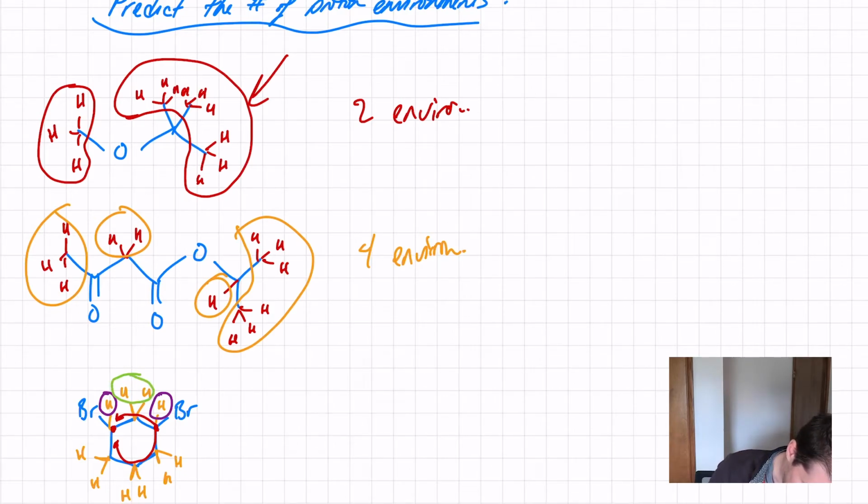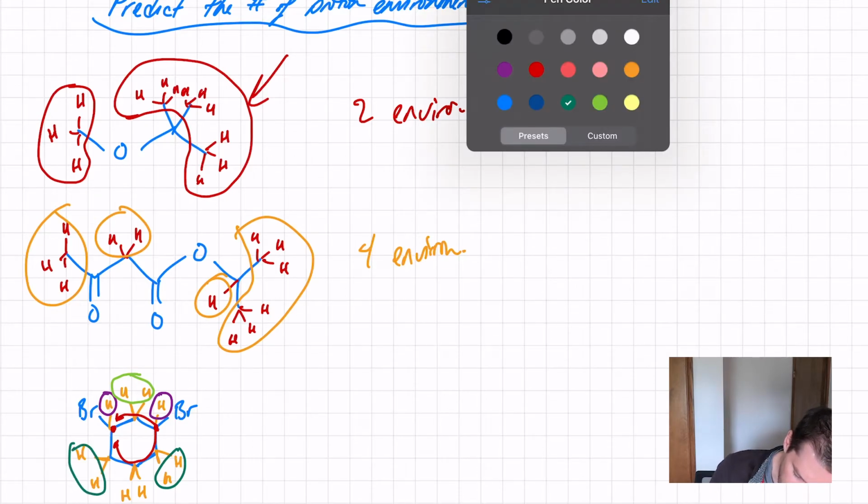Now, if I look at this carbon, I can see it's the same. This is a symmetrical compound. So this carbon and this carbon, I can go this way, 1 away, I have this bromine, or 1, 2, 3 away, I have this bromine right here, right? And that's true for that and for that. So that and that is the same environment.